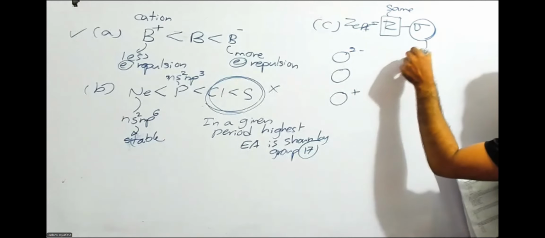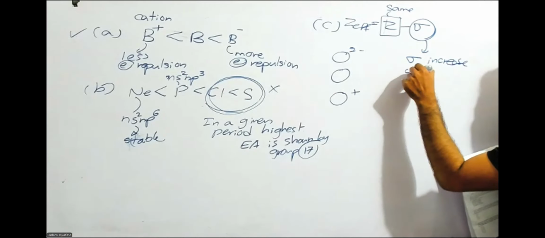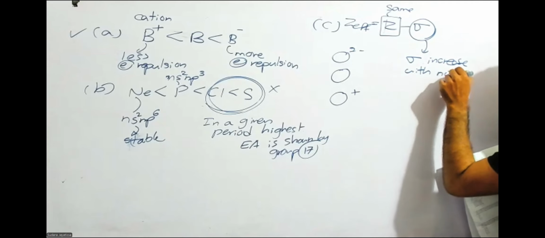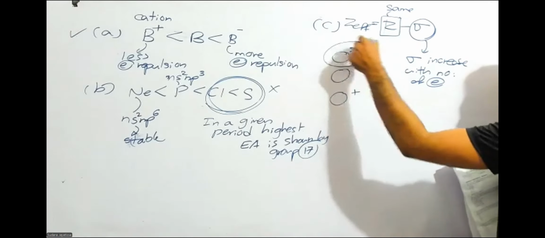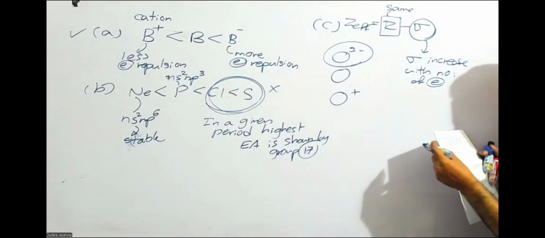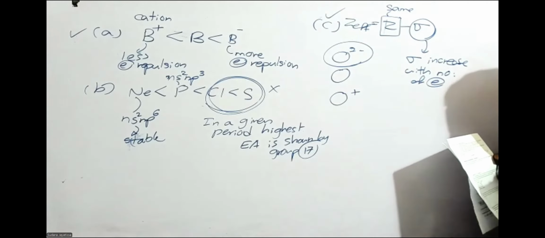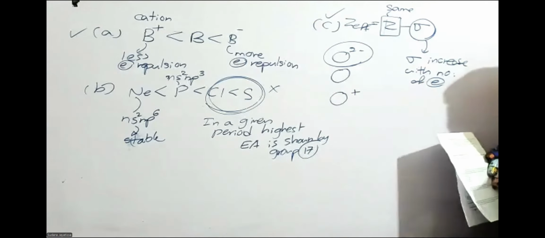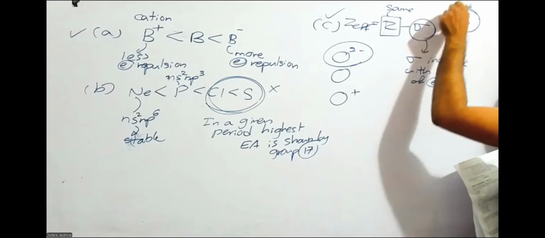So shielding effect increases with the number of electrons. So O2 minus has more shielding effect. So it should have a lower Zeff. So that C is also then correct. Zeff is higher for the O plus. Okay, so if A and C are correct, then the answer will be obviously that one.